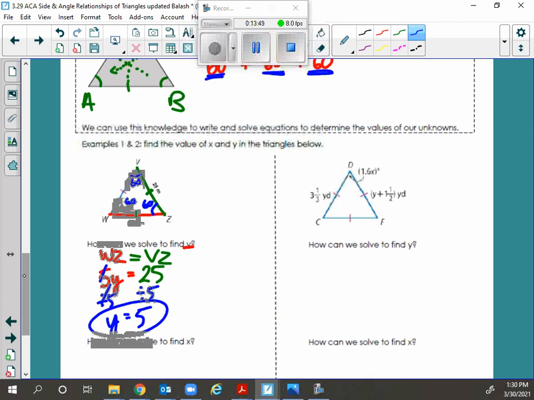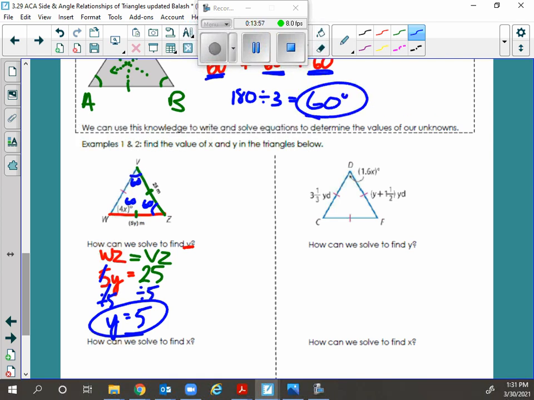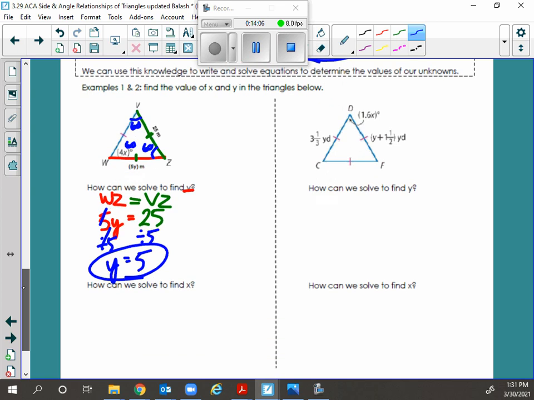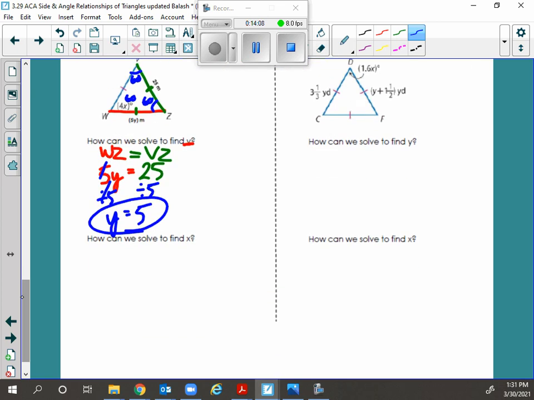If you ever get stuck, though, you always could just take the 180 divided by 3, and it'll give you 60 degrees for all 3. So even if you forget, you can still figure it out. You're just going to split it up evenly because they're all the same. But it makes it helpful to know that it's 60 degrees. If you can just remember it, it'll make this go a lot quicker.